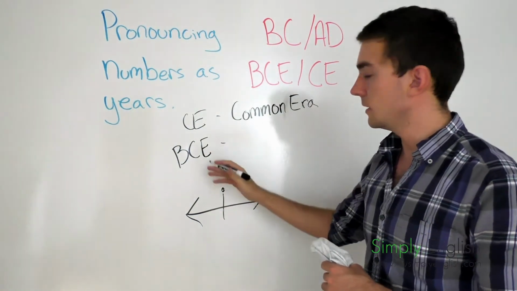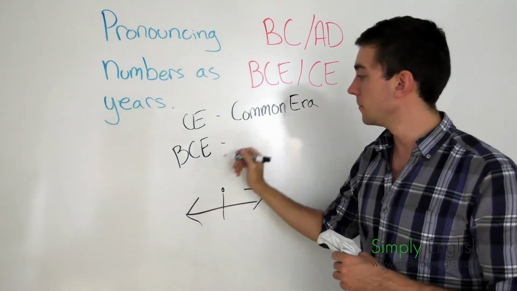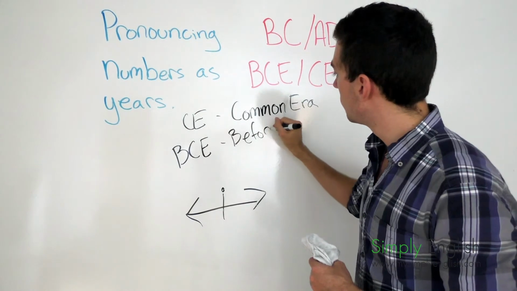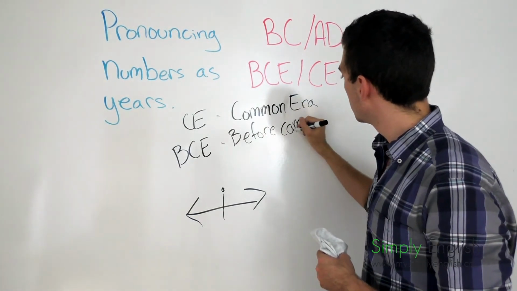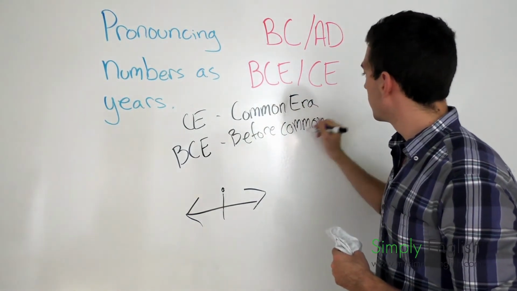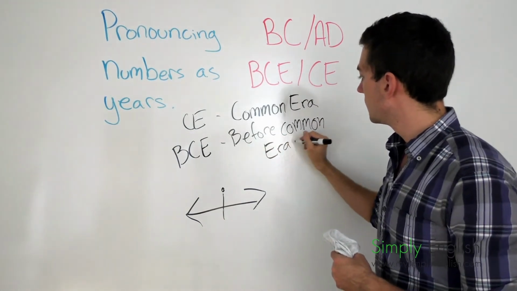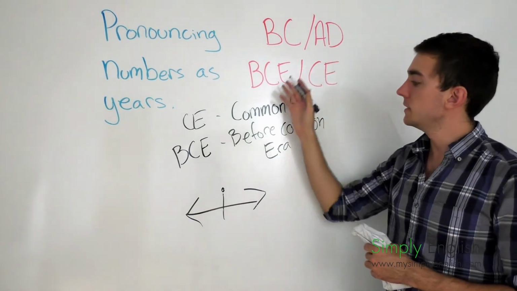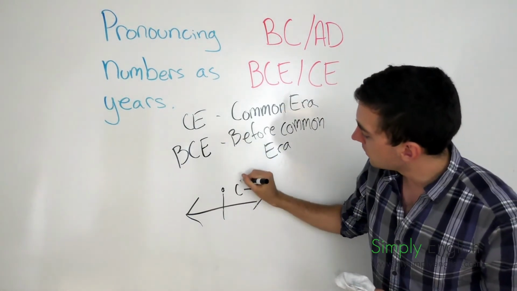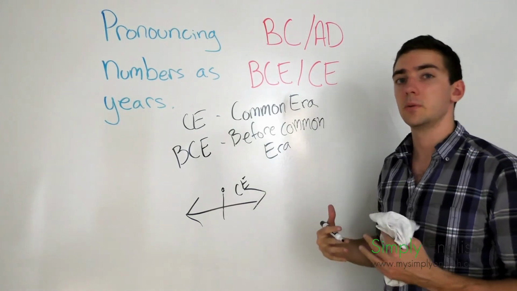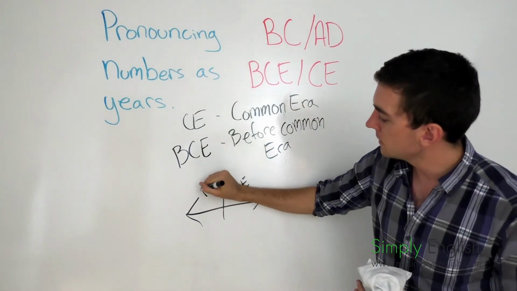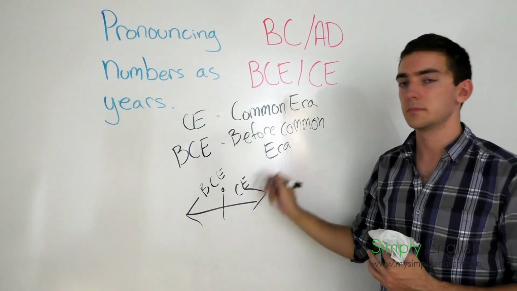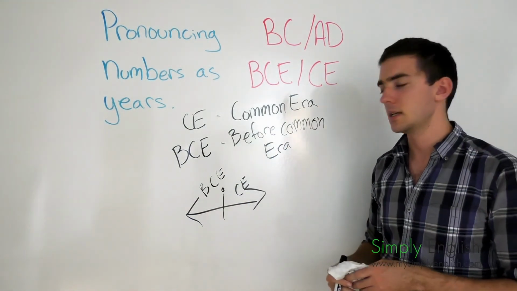BCE, just as with BC, is before, but this time it stands for before Common Era. So Common Era and before Common Era. And just as with AD and BC, CE is here on the right. This is the time period we live in today. And BCE is before this point, a long time ago, ancient times.